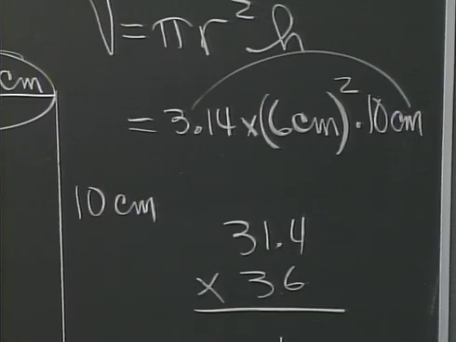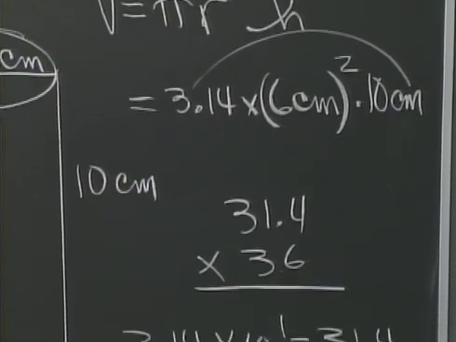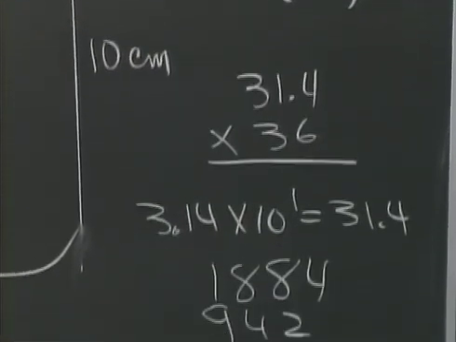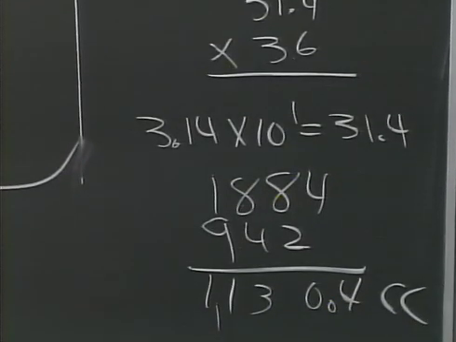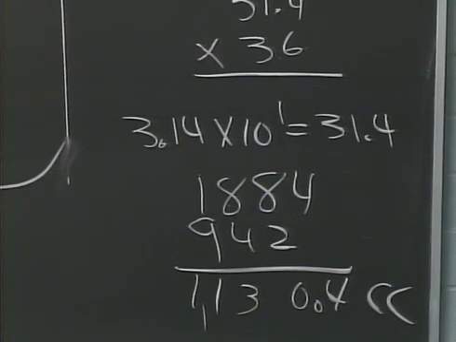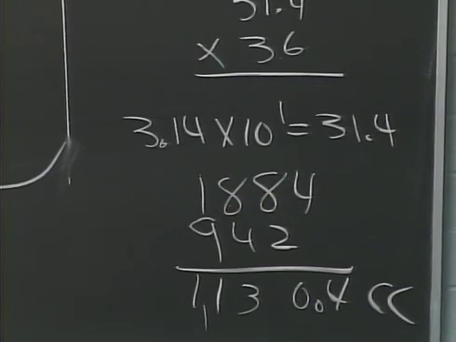So that's what I multiplied. And as we bring that down, just to the bottom, there was the solution. And notice it's very similar to what we had with the sphere, but this time we have 1,130.4 cc's.